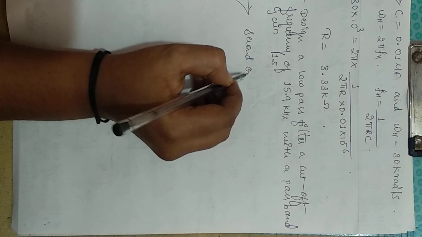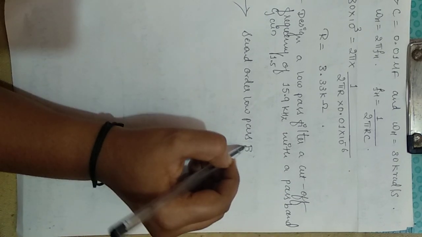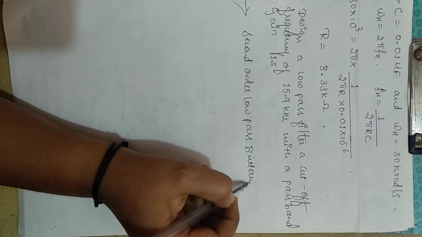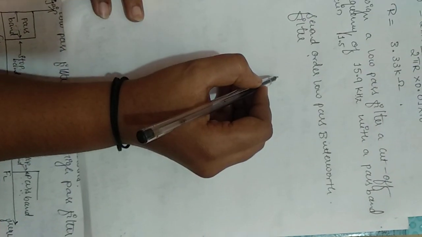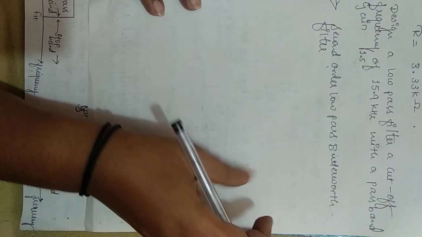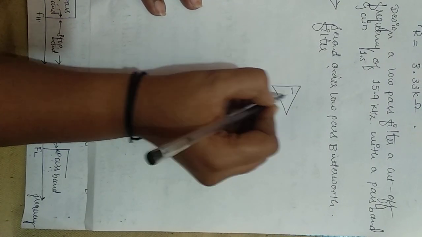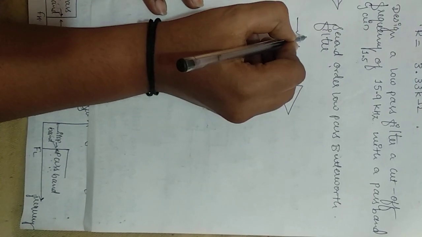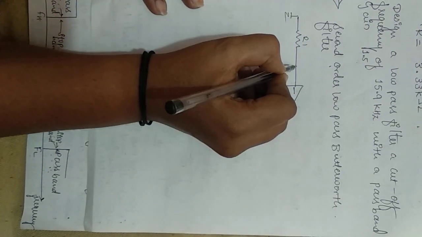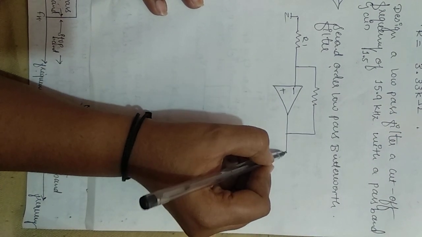Okay, so next comes the second order low pass Butterworth filter. Under the second order low pass filter, this is the circuit diagram. Again we are using the non-inverting configuration. This is your R1, this is your RF, the feedback resistance.